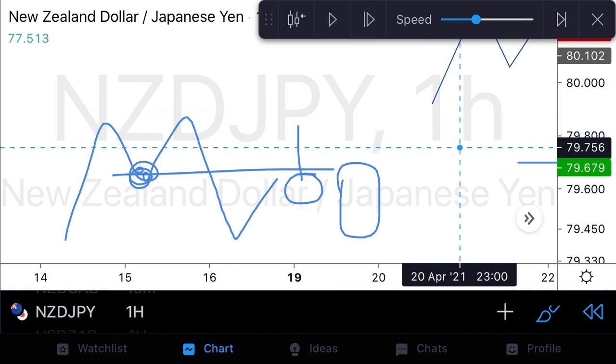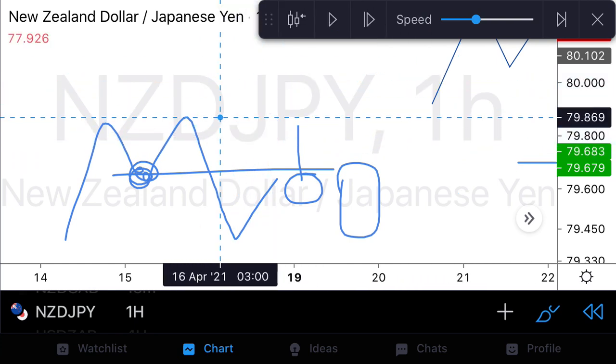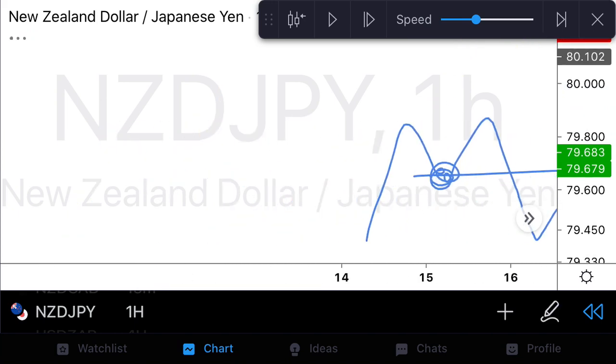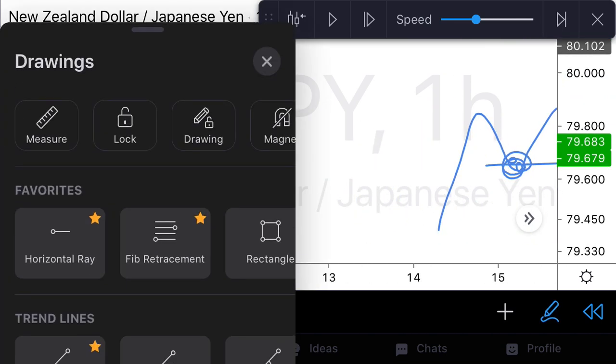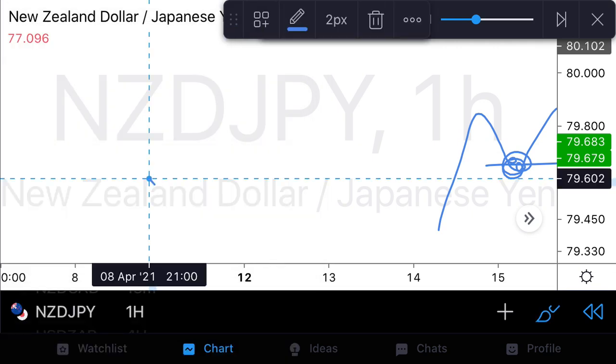Now, I was telling someone in our live session yesterday that depending on the time frame that we see this pin bar, I will be willing to take this pin bar as my confirmation. Because what is a pin bar? A pin bar forms when prices open at a level.